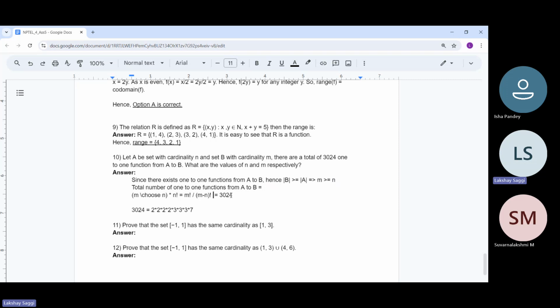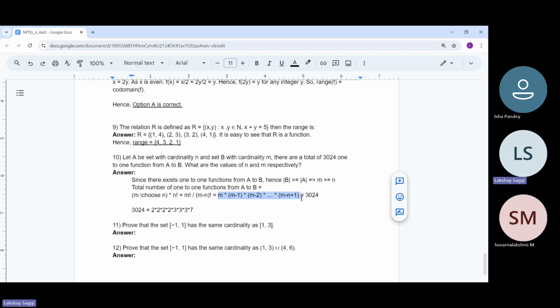And this is nothing but m times (m minus 1) times (m minus 2) till (m minus n plus 1). So m times (m minus 1) times (m minus 2) till (m minus n plus 1) is equal to 3024. I just simplified this expression.